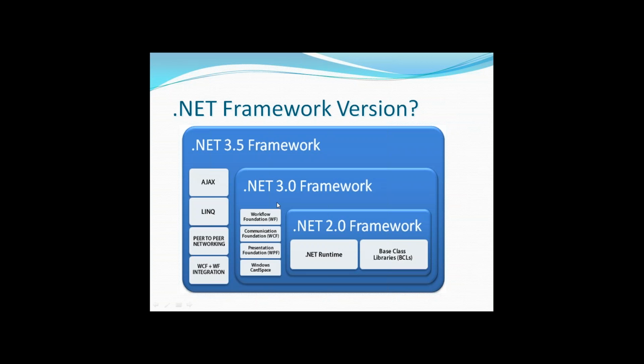After .NET 3.0, .NET 3.5 was developed and it includes Ajax, LINQ. These are all new concepts included in 3.5. And now we use 4.0. 4.0 provides extensible level functionality, for example, parallel LINQ. Fine. So parallel LINQ is another concept to make our database very friendly with our application.